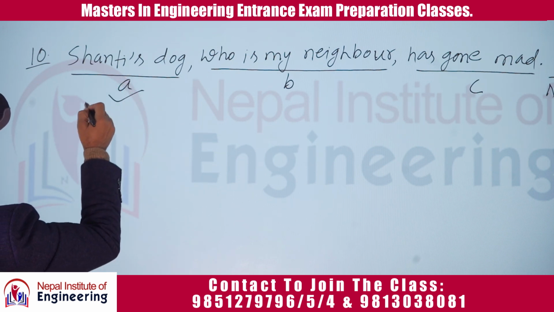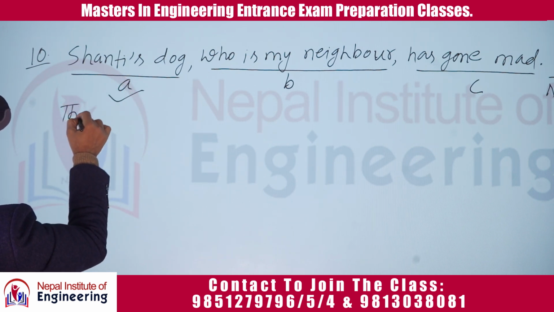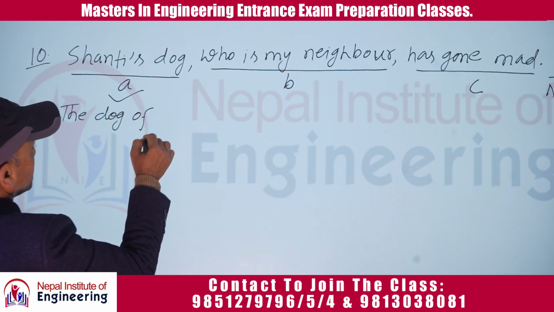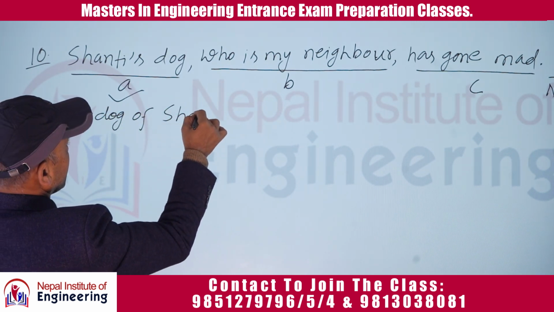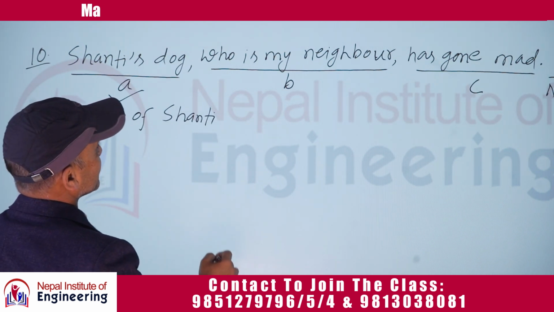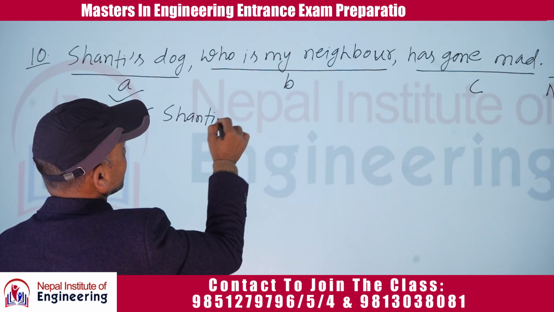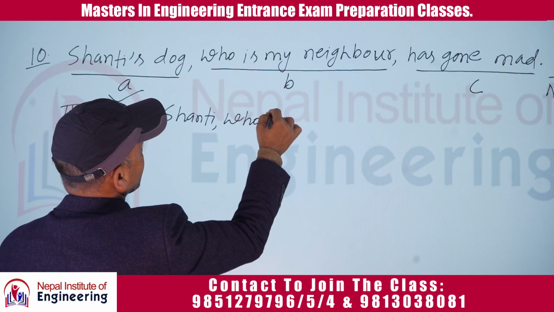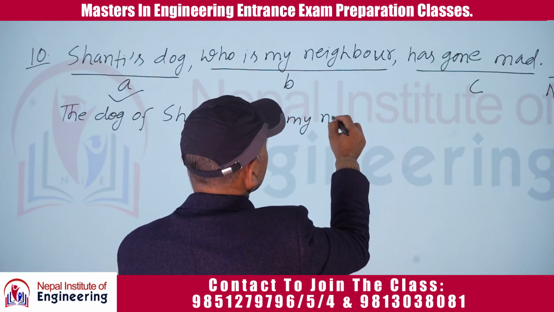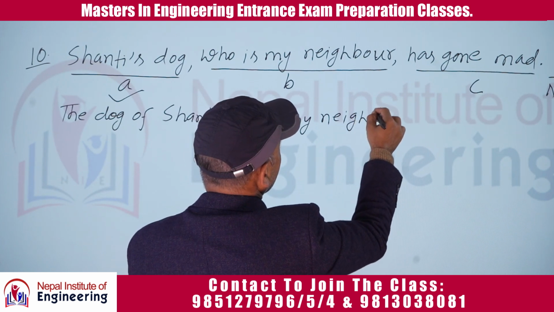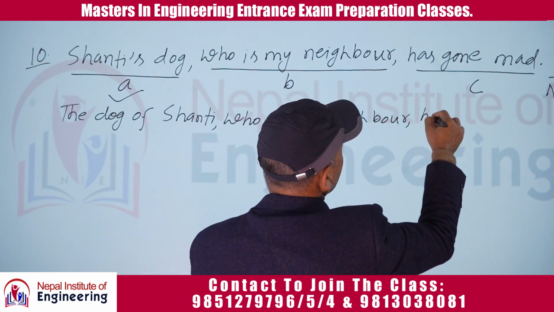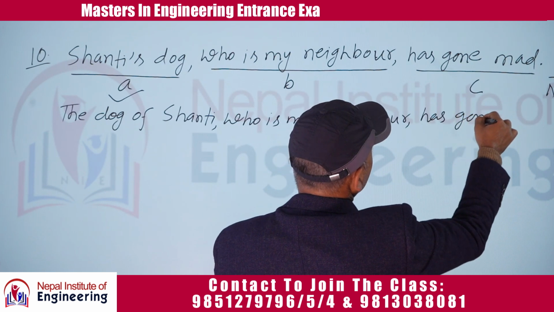In place of this, you write the dog of Santi. The dog of Santi. Isn't it? And then you write all others. Who is my neighbor? Again, comma, has gone mad.